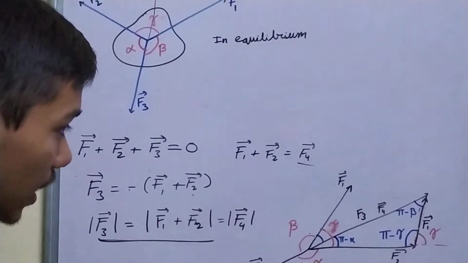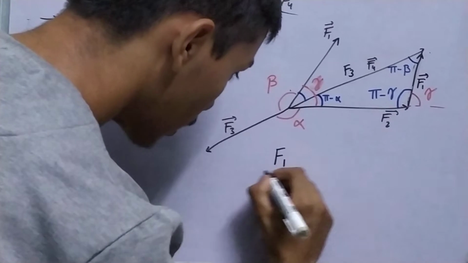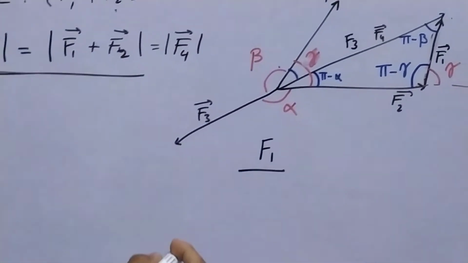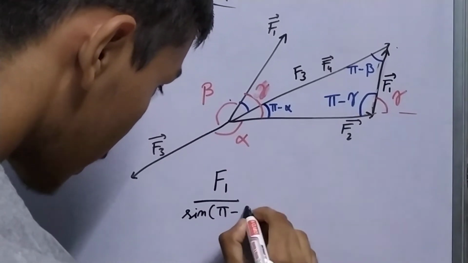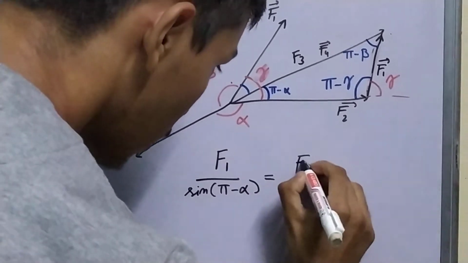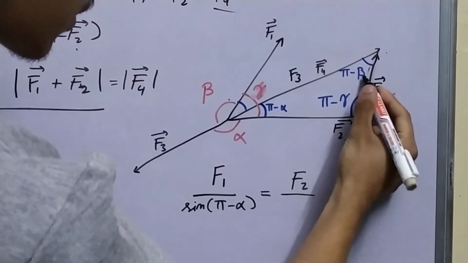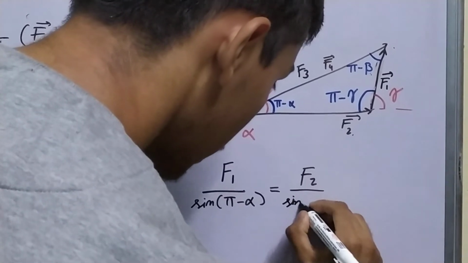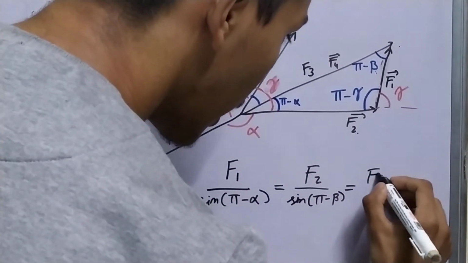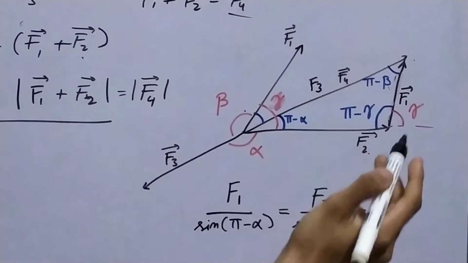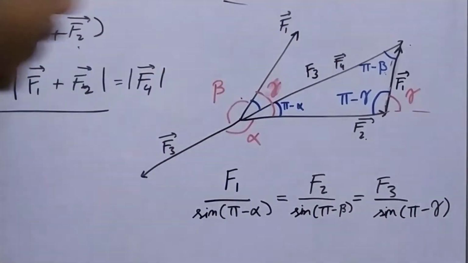Sine law basically states that F1 upon sine of pi minus alpha equal to F2 upon the angle opposite to it, sine of pi minus beta, equal to F3 upon the sine of the angle opposite to F3, which is pi minus gamma.